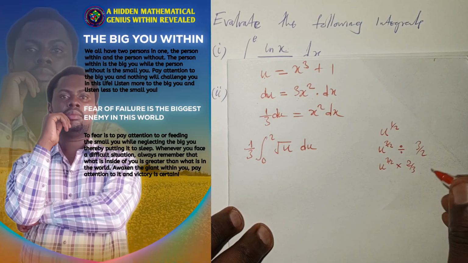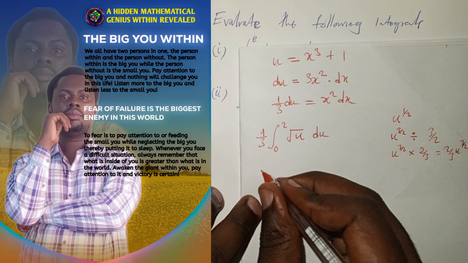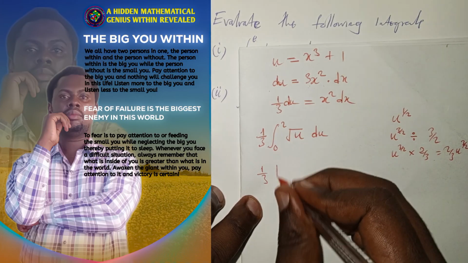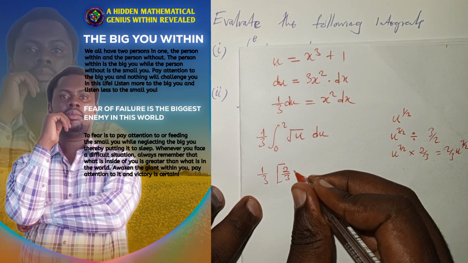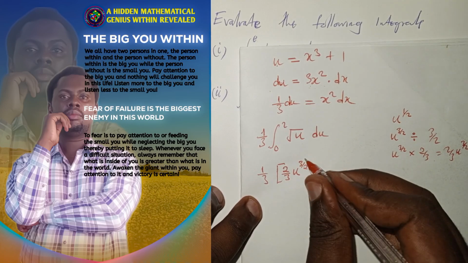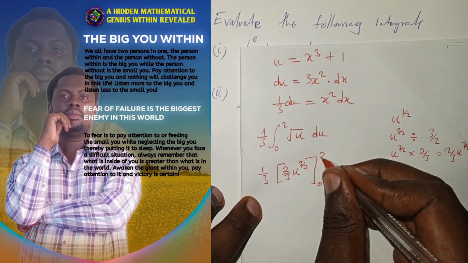So this becomes 2 over 3 u to the power 3 over 2. That's the integral. So here we have 1 over 3, then the integral of square root of u, which is 2 over 3 u to the power 3 over 2, with the limits from 0 to 2.